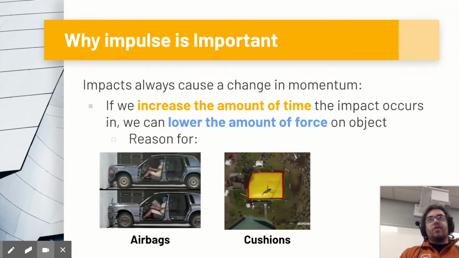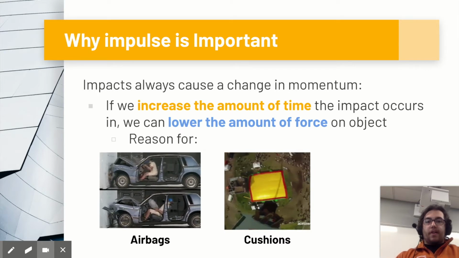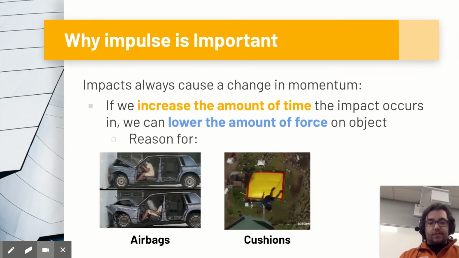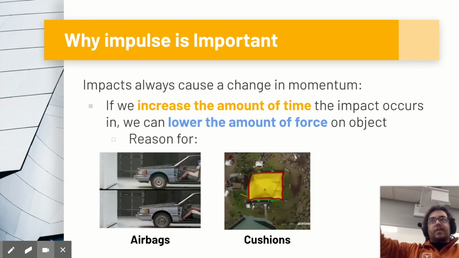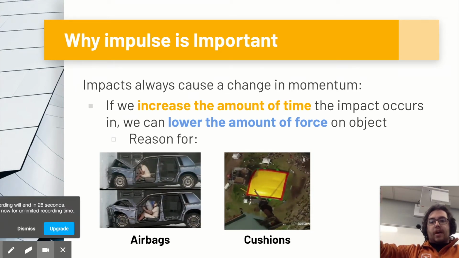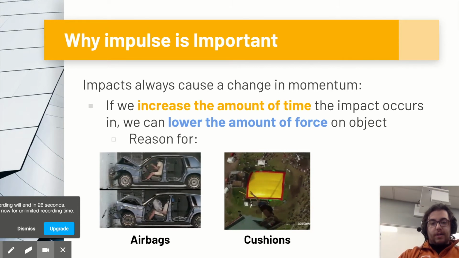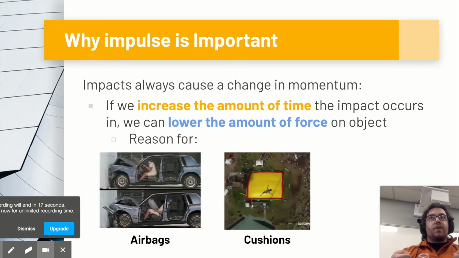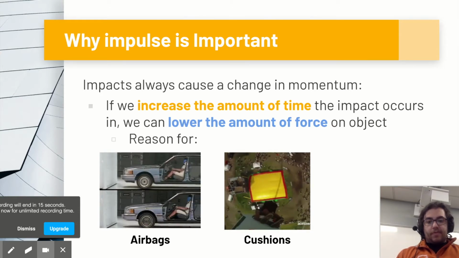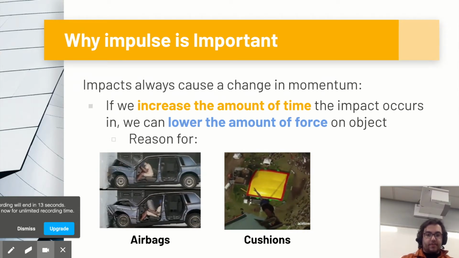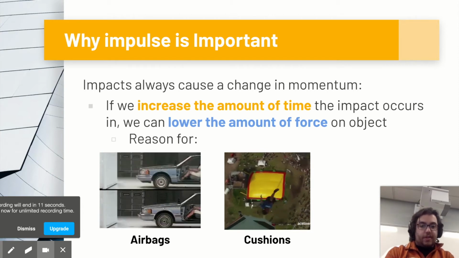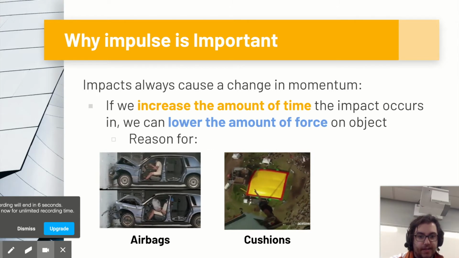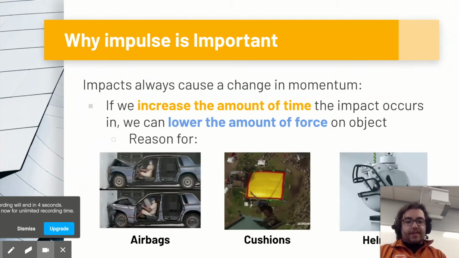Have you ever seen firefighters hold out those giant sheets for people to jump down to if they're in a building that's on fire? That's so we can catch them and not have them crash into the ground and suffer a dangerous injury. If you've ever caught an egg in an egg toss, you move your hand with it. You're lowering the force by changing the amount of time that egg takes to come to a stop. And lastly, helmets.